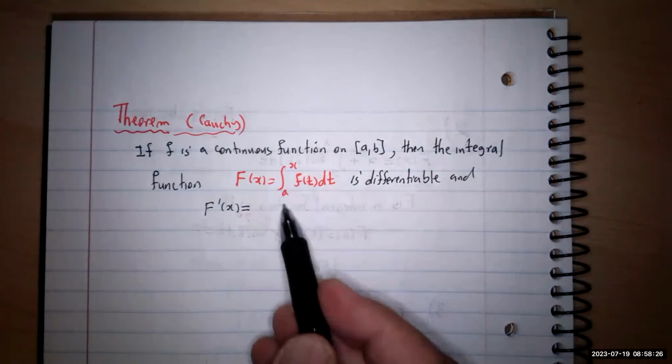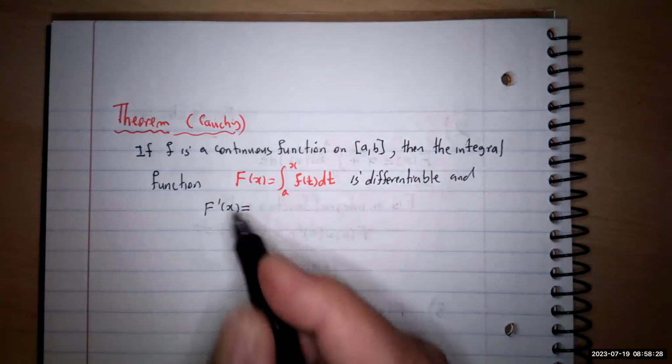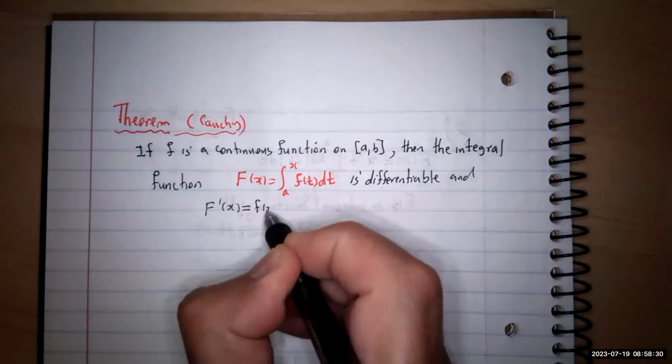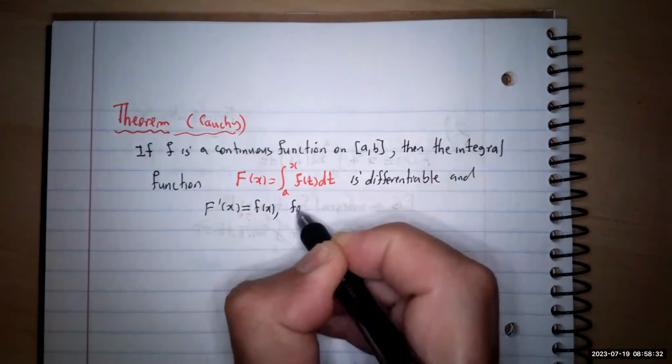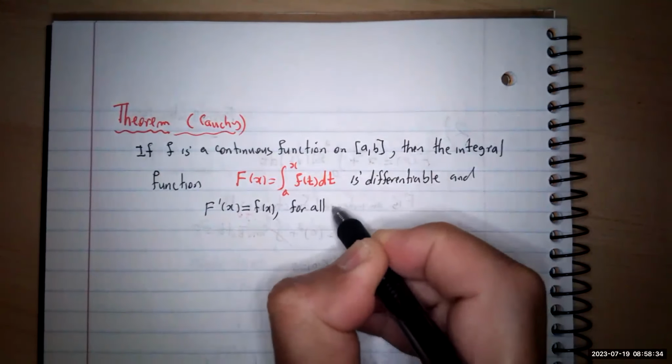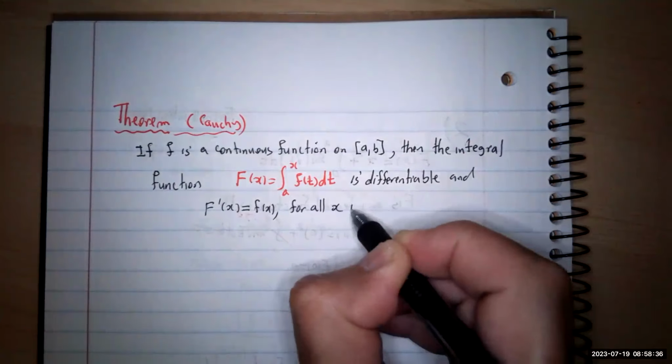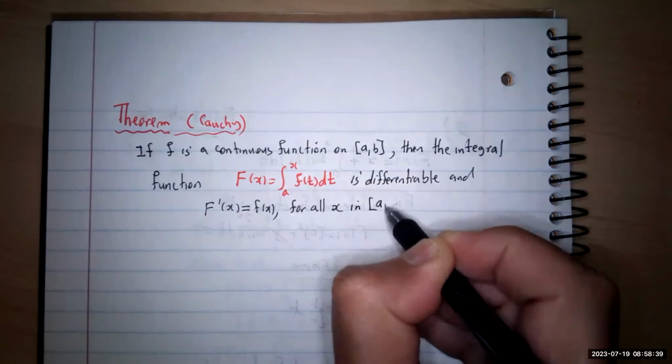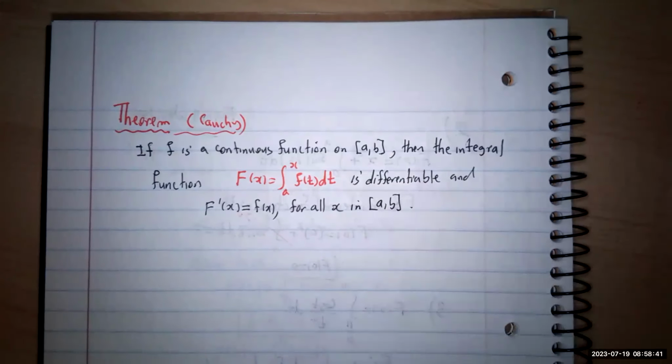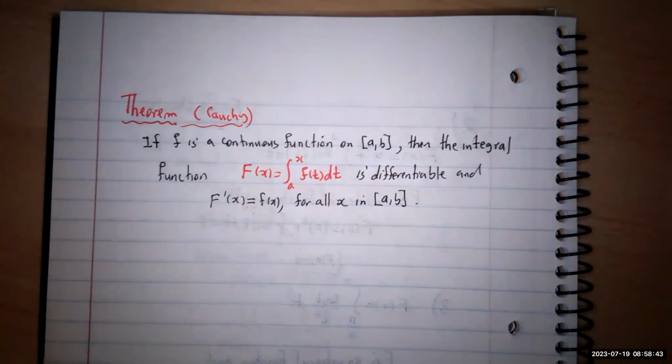So this means you drop the integral, replace the t by x, f of x, for all x inside that interval. That's it. Great theorem. The derivative of an integral function is just a function.